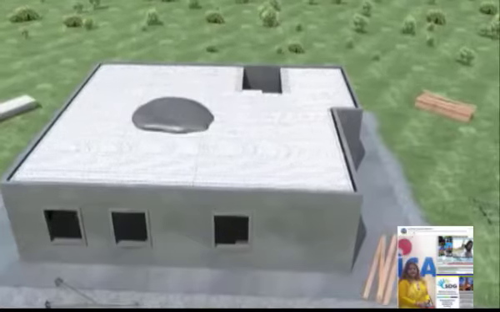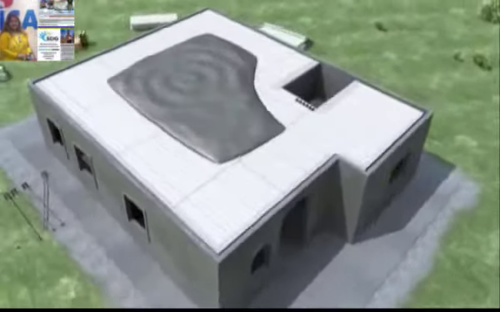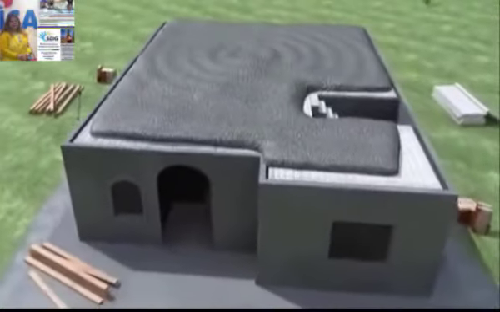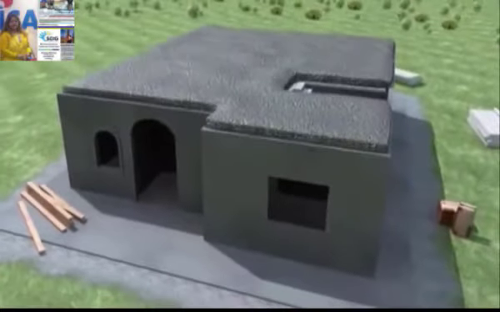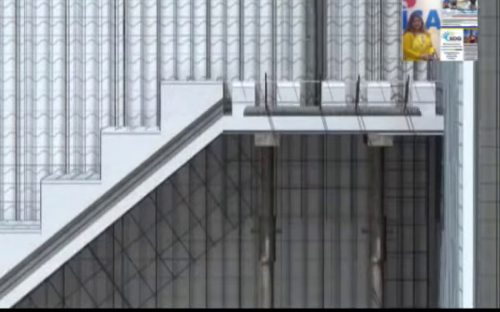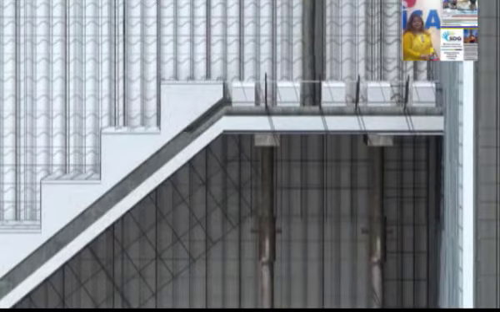You can see the plaster is going on roof, walls and everywhere. These plasters are also foam plasters. Foam plaster means the mixture is vigorously vibrated and some bubbles are created in the concrete mixture.